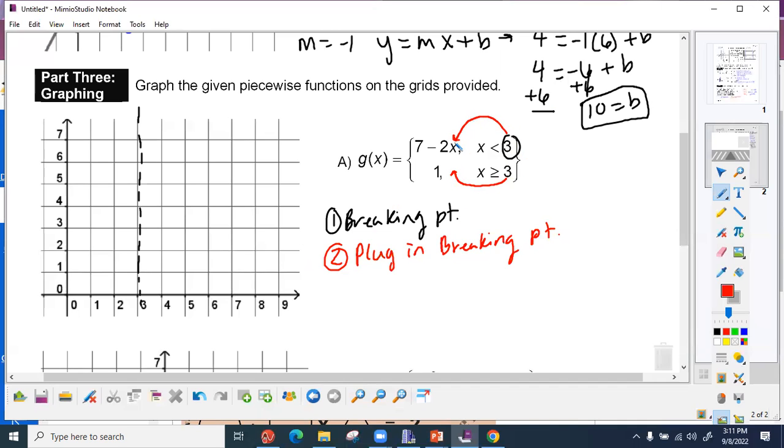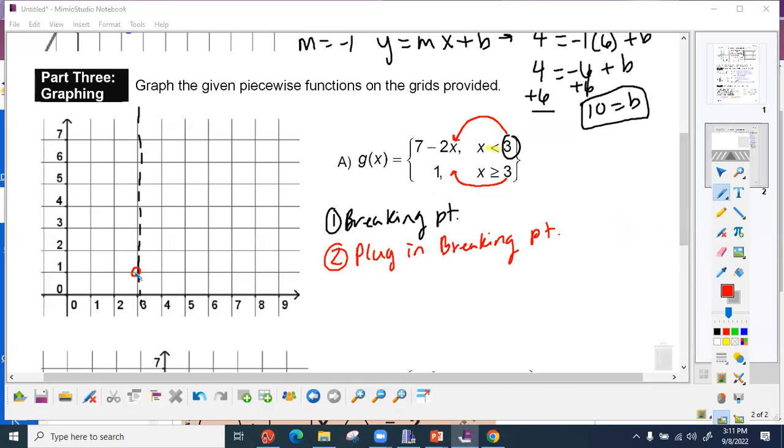So if I substitute 3 in for x here, what do I get? 1. So at 3, I have an open circle at 1. Does that make sense? And why is it open? Because it doesn't have a line. It says strictly less than, right? Now on the second one, I can't really plug 3 in, but it says it's equal to 1 at 3.